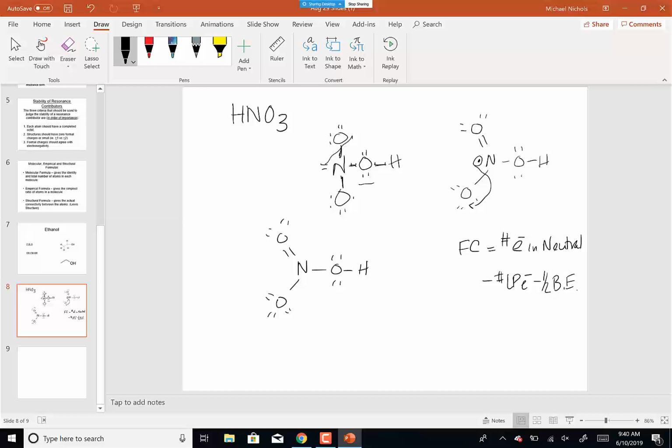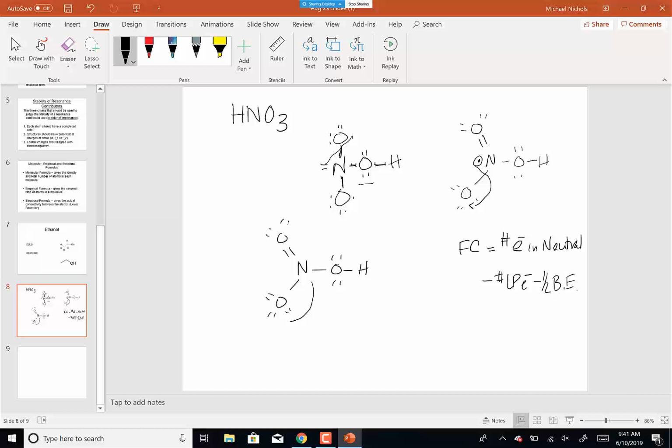We're going to assume that if the nitrogen and the bottom oxygen split, they split equitably. So for that bond, 1 electron goes to nitrogen and 1 electron goes to the oxygen. That means nitrogen owns 1 electron and the oxygen owns 1 electron.